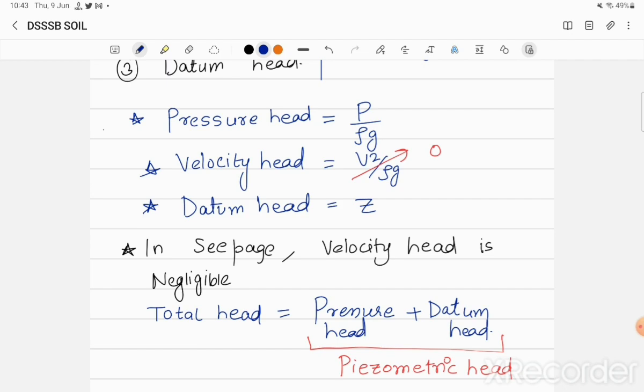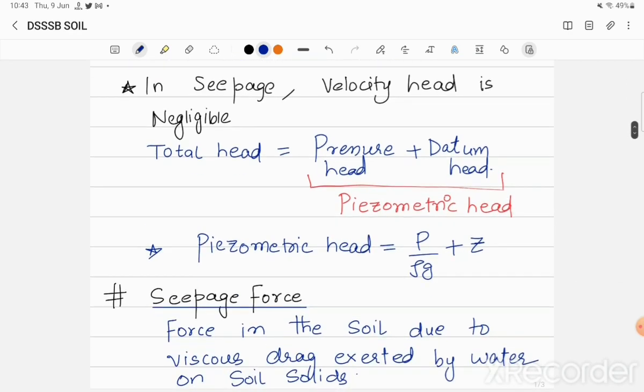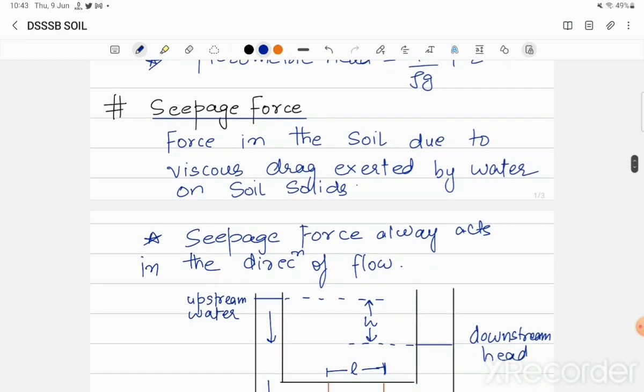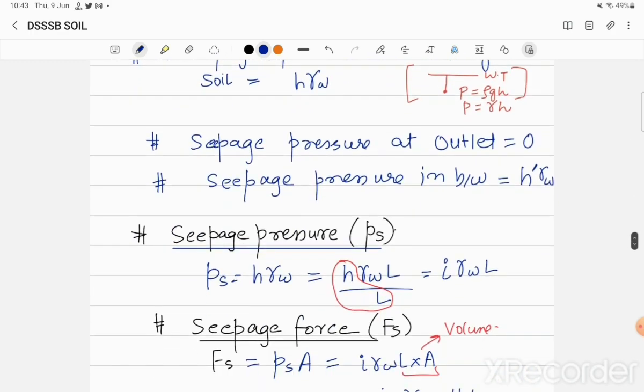And velocity head is V square by rho g, while datum head is Z. So in seepage, the flow of water is too slow that velocity head is disregarded. It is considered as negligible. So the total head available in seepage analysis is pressure head and datum head, which is also known as piezometric head. Now the seepage force is the force due to viscous drag exerted by the water on soil solids. Seepage force always acts in the direction of flow.